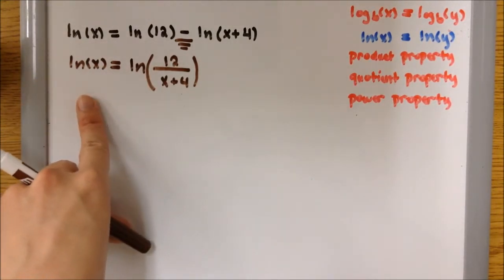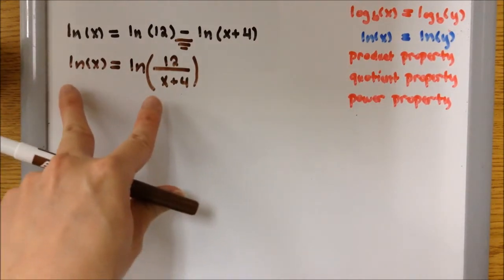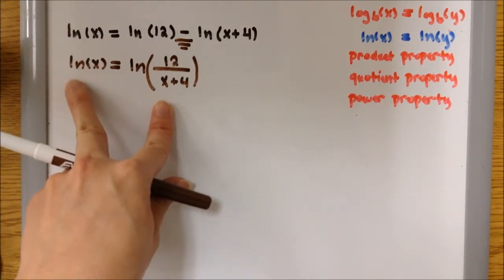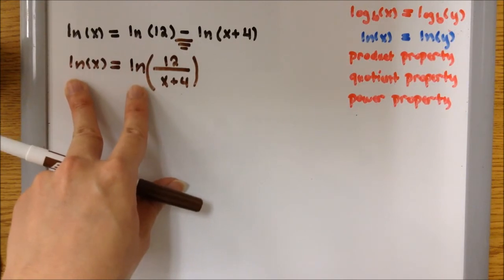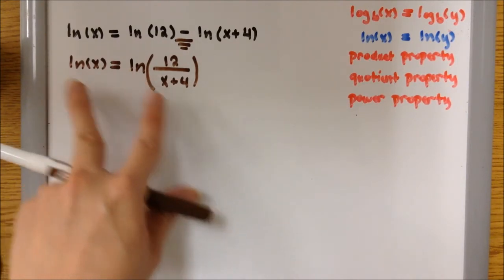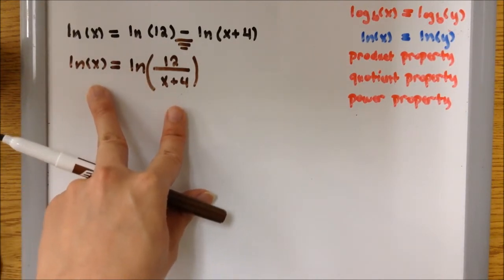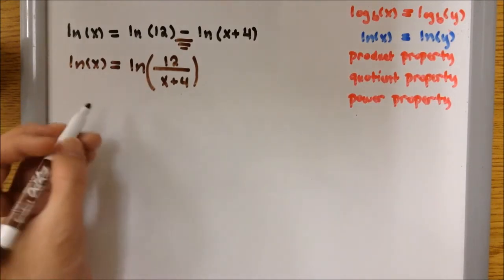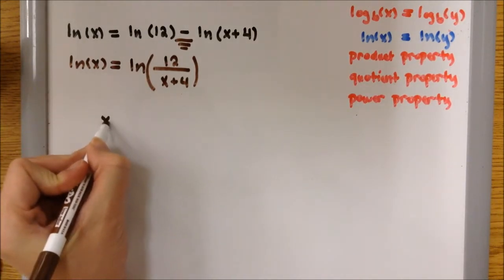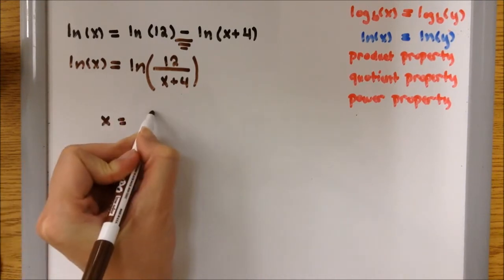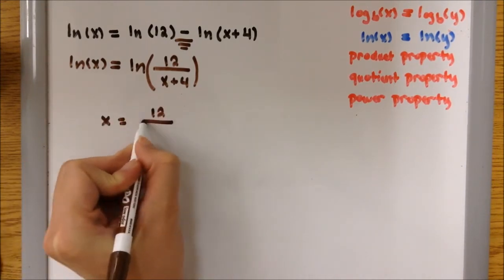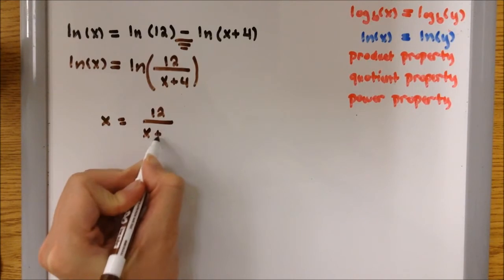So, after applying the quotient property, we have one natural log on the left, one natural log on the right side. So they're the same. That means we can set what's inside the parentheses equal to each other. So it's going to be x equals 12 over x plus 4.